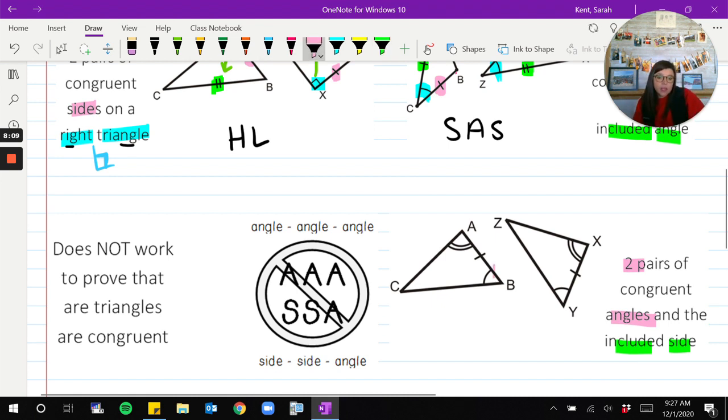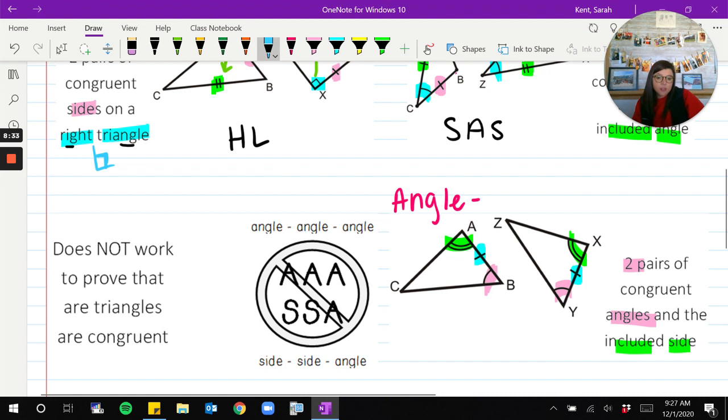So if we look here, I've got an angle. Then if we keep going, there's the side, that tick mark. And then lastly, there's another angle. You've got the two lines. So when we go to write this name, we'll have angle.